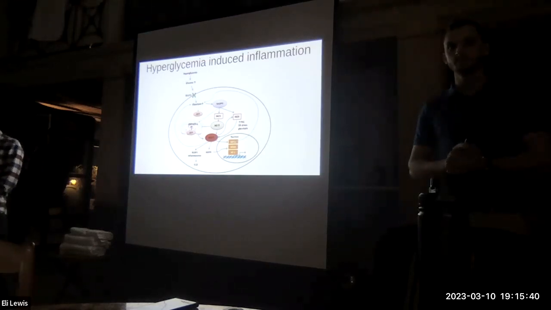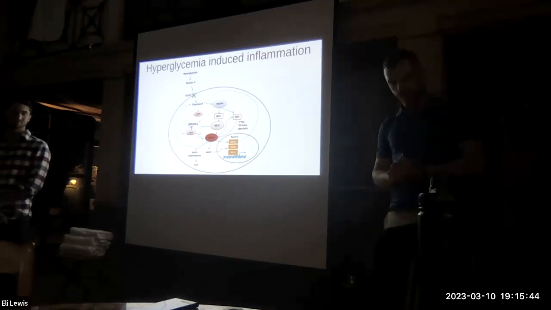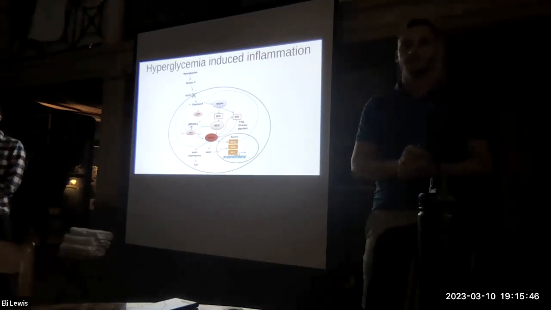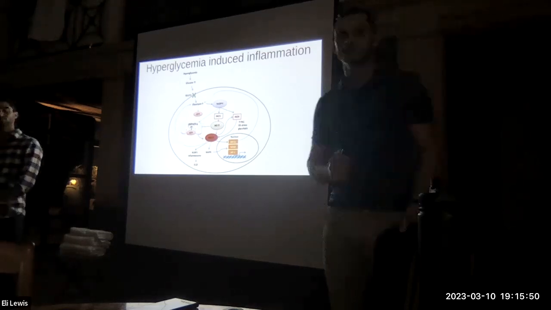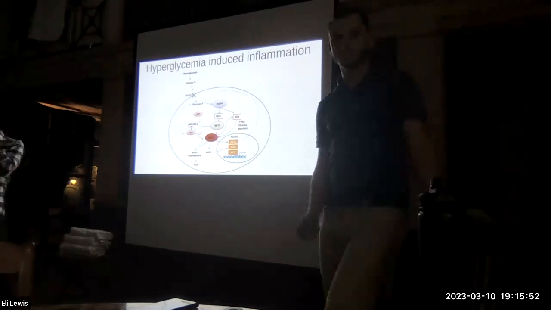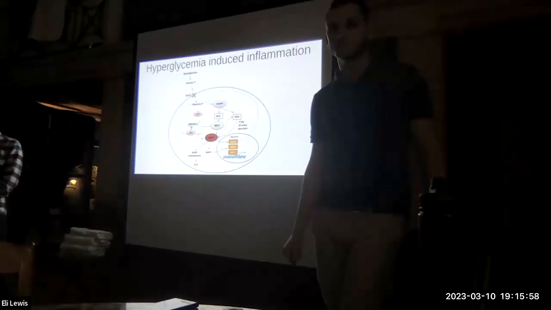iNOS generates nitric oxide, not ROS. That's right. So there's NOS and ROS. So there are basically nitrogen-based radicals, and there are oxidative radicals. So this doesn't cause ROS, that's what I'm saying.